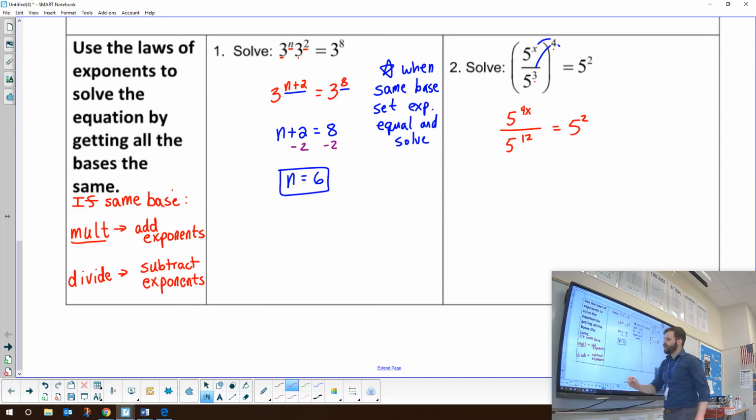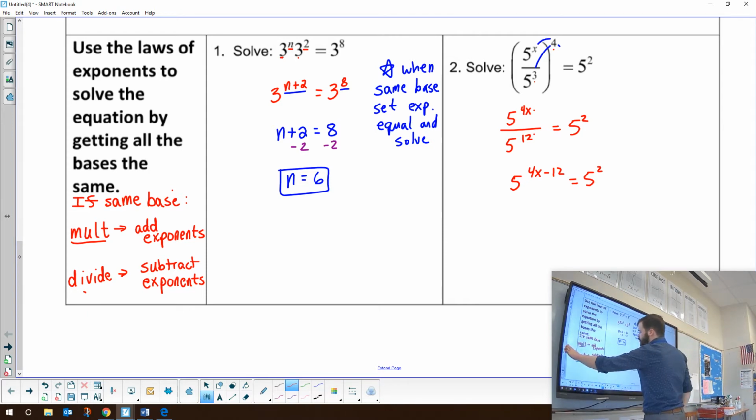Now remember, when we divide two of the same base, we subtract their exponents. So when I go 5 divided by 5, we just subtract the exponents. This is just going to be 5 to the 4x minus 12 equals 5 squared.